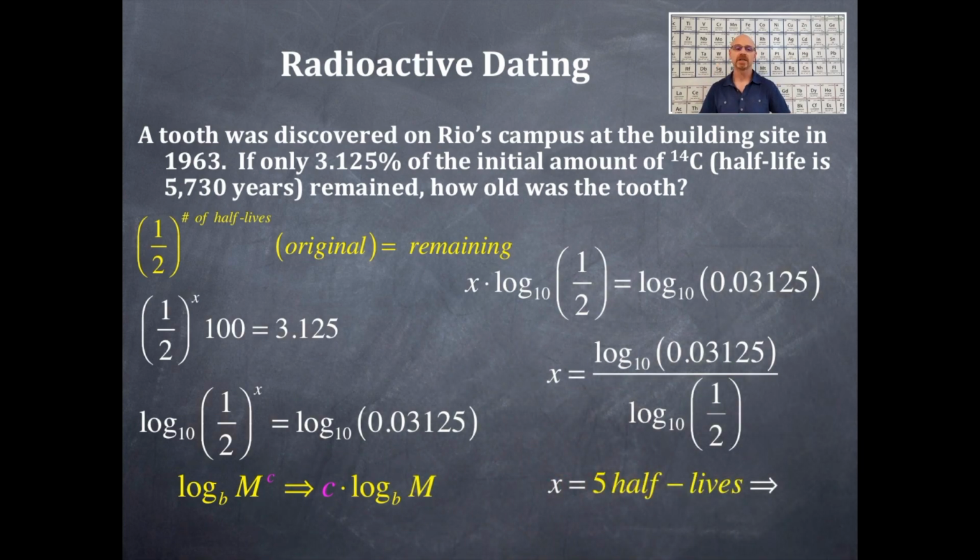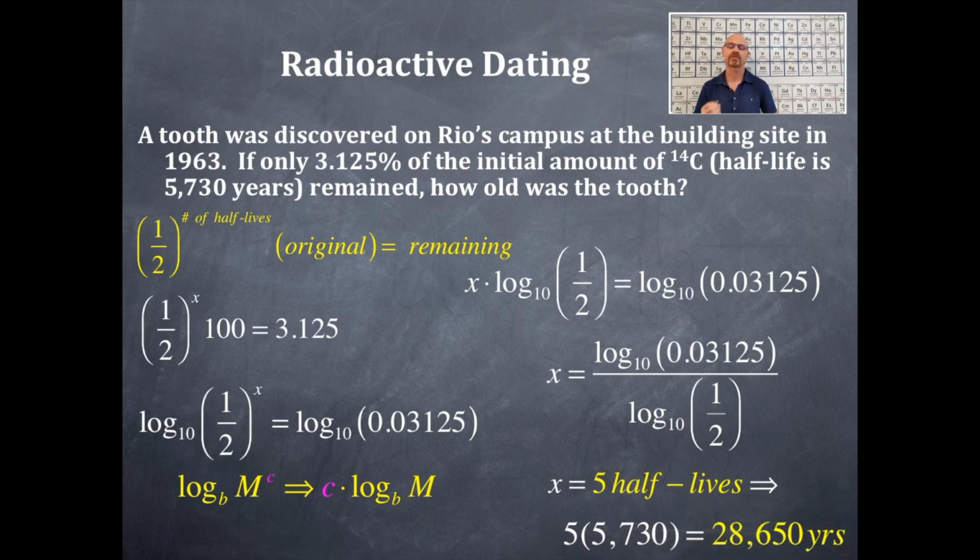We're going to get 5. And remember, we're solving for x, and x was the number of half-lives. So this tells us that 5 half-lives have passed through this amount of time. So since we already know the half-life of carbon-14 is 5,730 years, we're going to take the number of half-lives, that's 5, times the amount of time of one half-life, 5,730 years, and multiply them, and that will give us the age of our tooth.